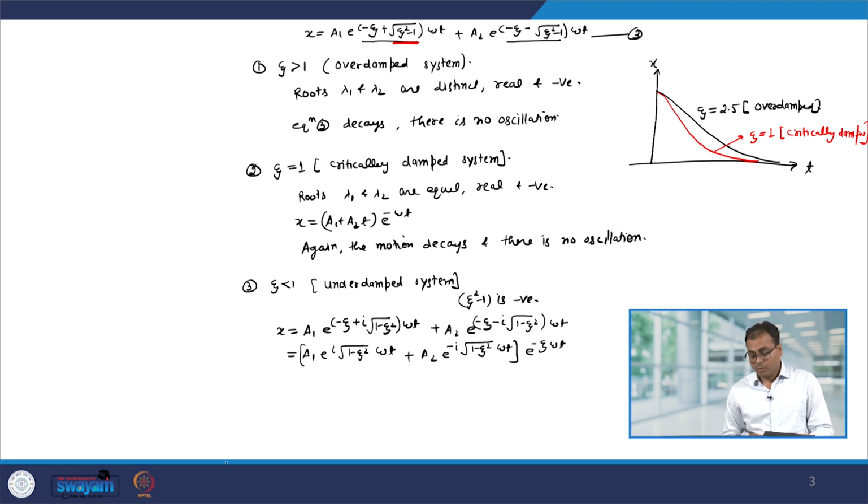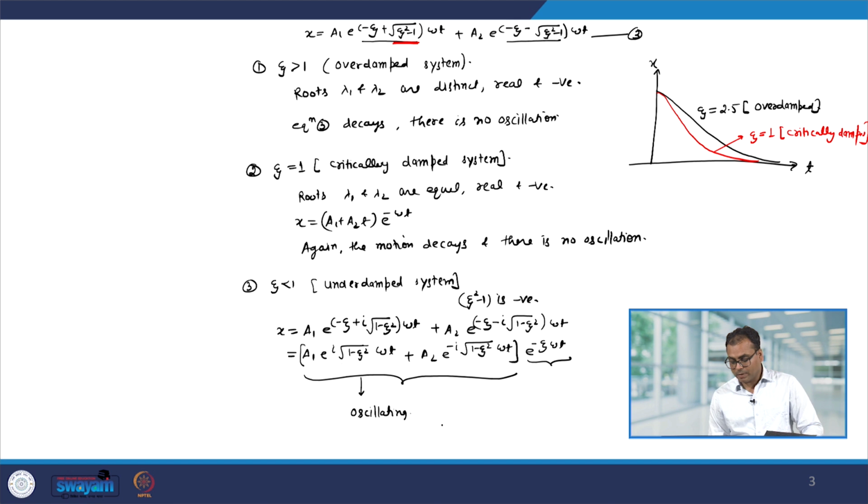Now, the quantity inside the bracket is in the form of e to the power i omega t or e to the power minus i omega t, which is an oscillating term, and the quantity outside the bracket is in the form of e to the power minus zeta omega t, which is a decaying term.